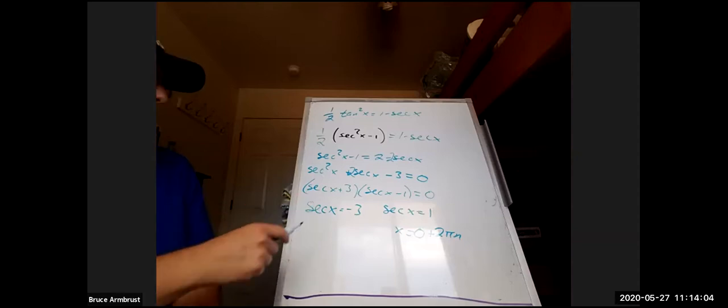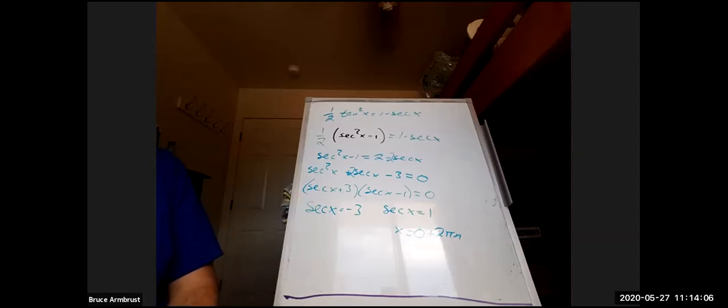Okay, and then we have secant of x equals minus 3. So does anybody know where that happens? All right, so Mariola just says DNE, as does Devin.